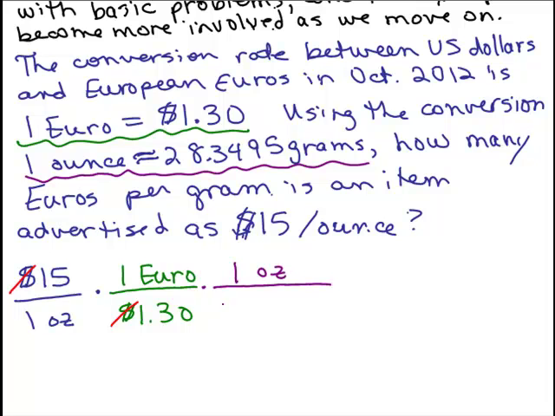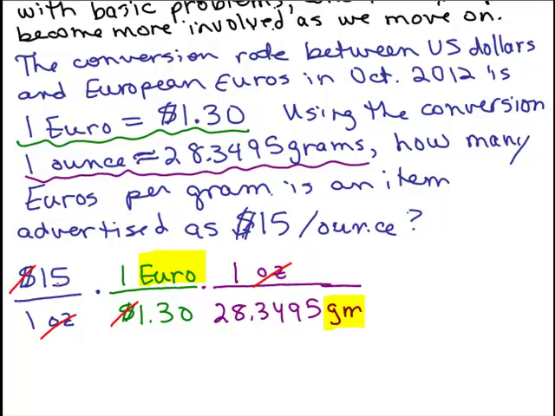Is the same thing as 28.3495 grams in the denominator. And then I could see that my ounces now cancel out. So in the end, I'm going to have in the numerator euros, grams in the denominator, which is what I wanted. I wanted to know how many euros per gram.